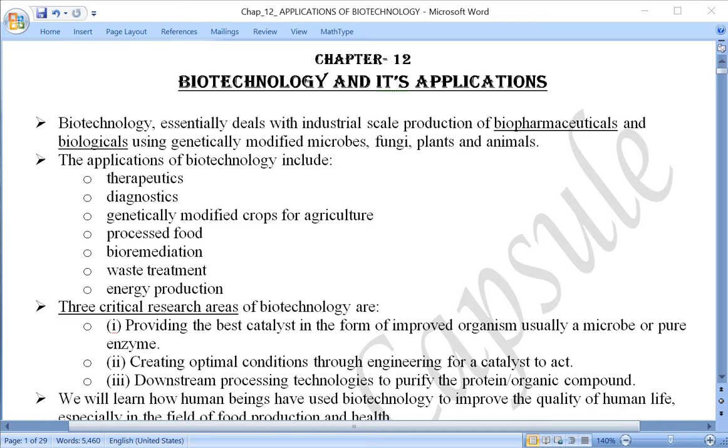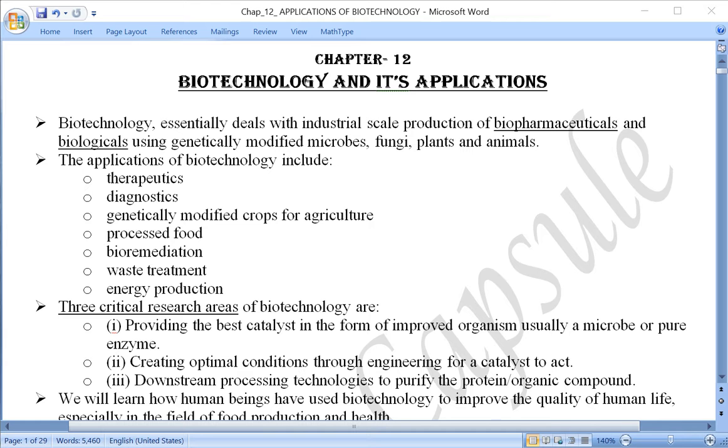And after the entry of this recombinant DNA into the host cell, it expresses itself so that the host cell is able to produce a particular kind of product, and generally over here it is the protein, with the help of which the particular function is brought about.